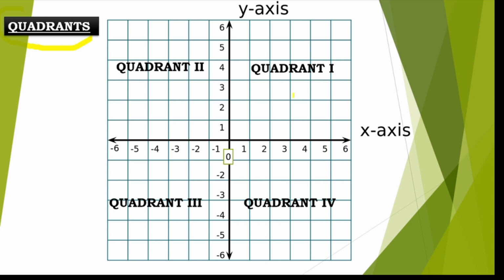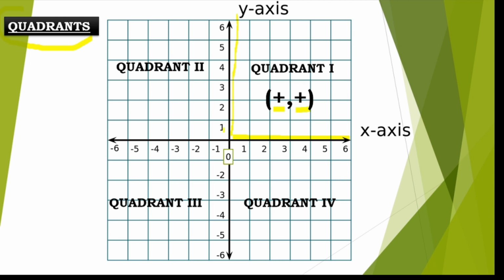Now, in Quadrant 1, as you observe, it is located wherein the value of x-axis is positive and the value of y-axis is positive. Therefore, we can say that Quadrant 1 has the coordinates of positive for x and positive for y, or positive, positive.